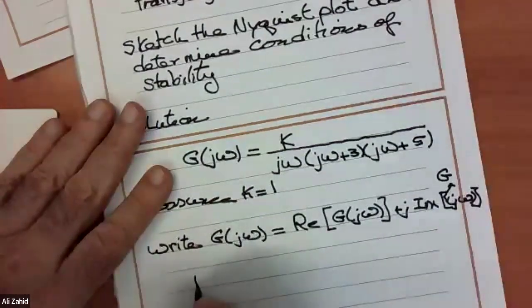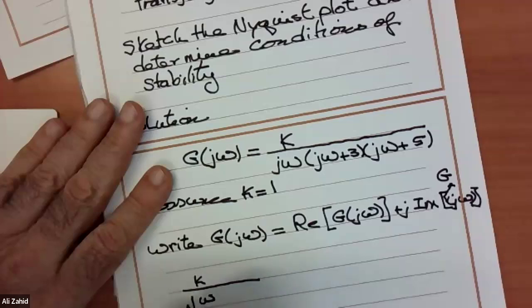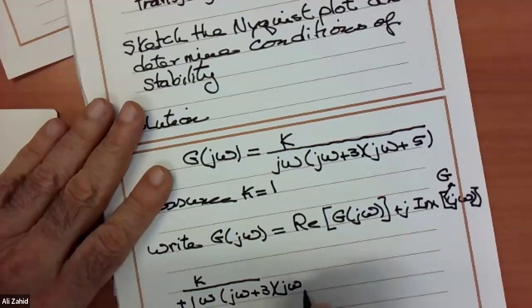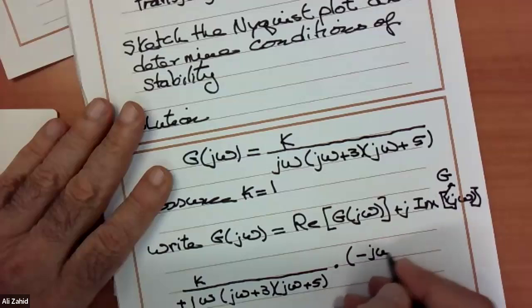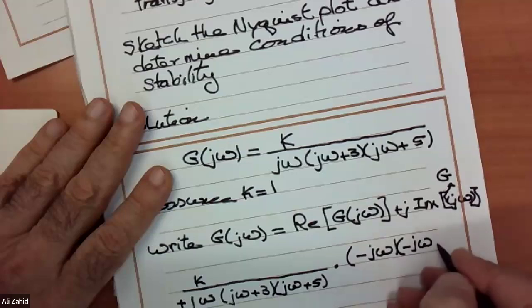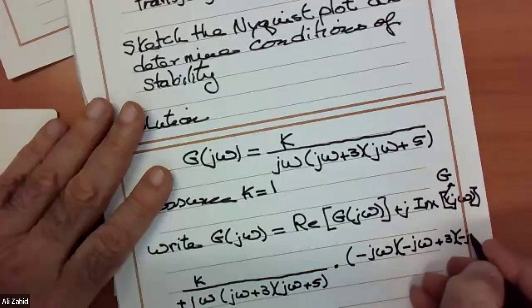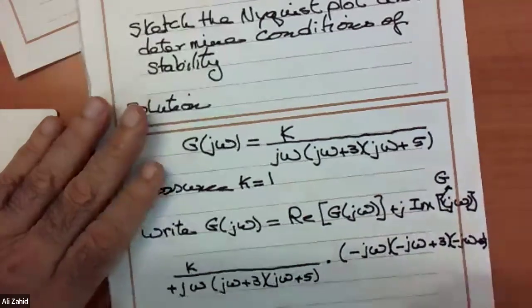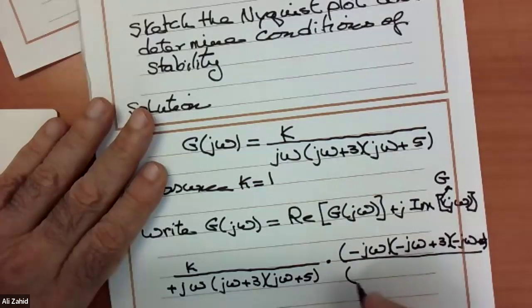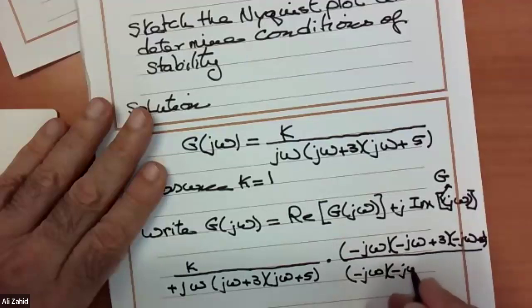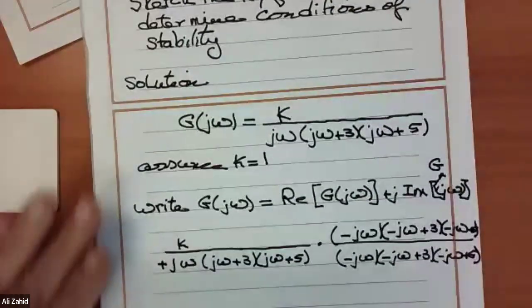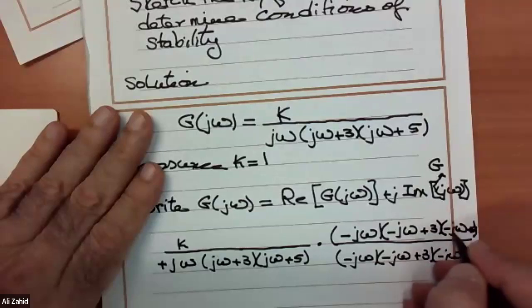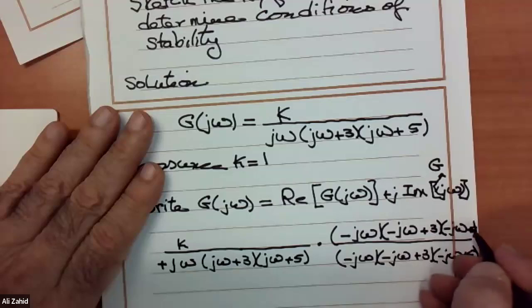In other words, this is K over j omega times j omega plus 3 times j omega plus 5, and I multiply it by minus j omega times minus j omega plus 3 times minus j omega plus 5, divided by minus j omega times minus j omega plus 3 times minus j omega plus 5.